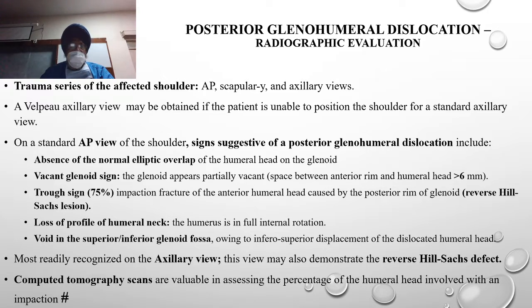Most readily recognized on the axillary view, this view may also demonstrate the reverse Hill-Sachs defect. Computerized tomography scans are valuable in assessing the percentage of the humeral head involved in the defect.